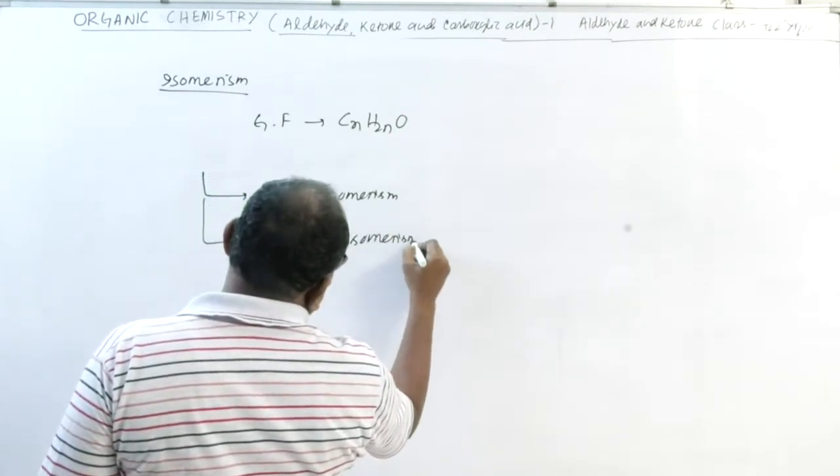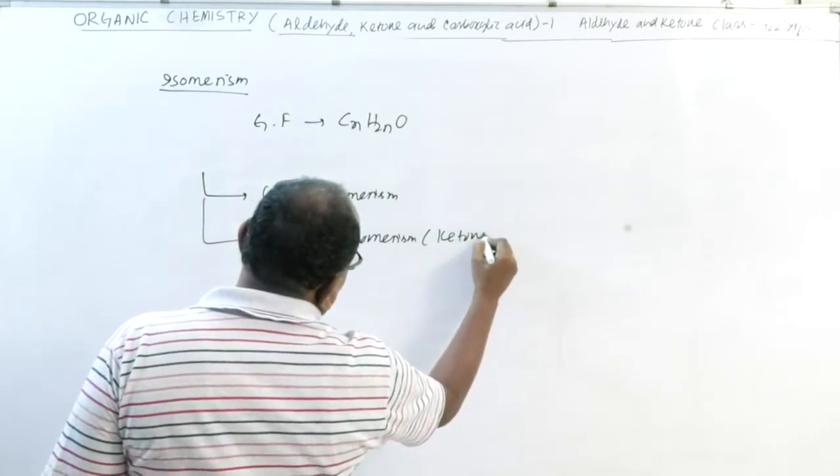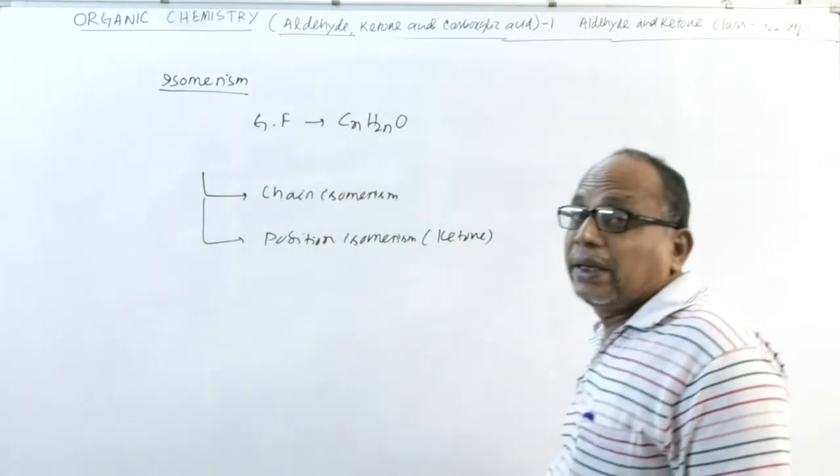The position isomerism is shown only by ketones, not by aldehydes.